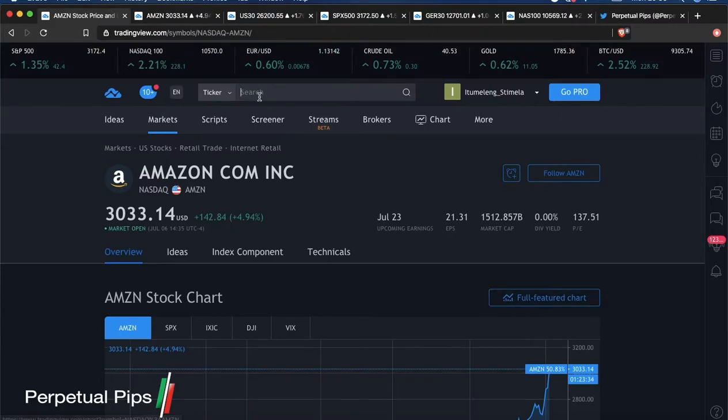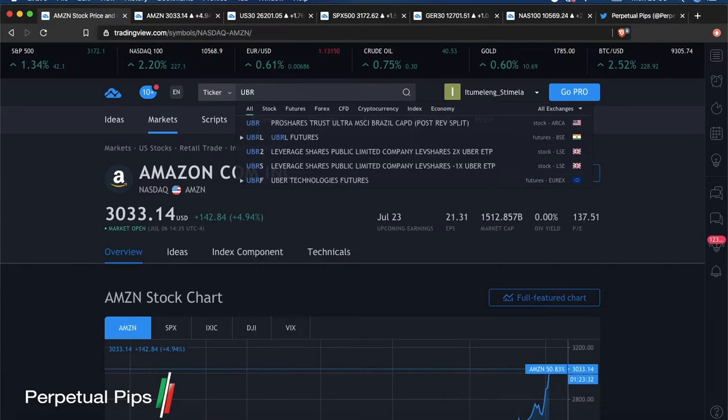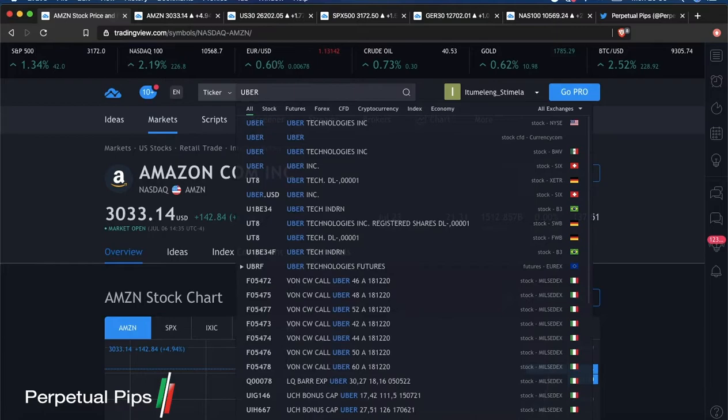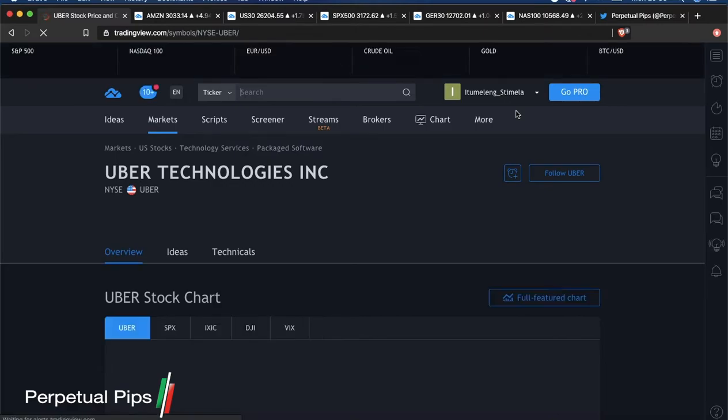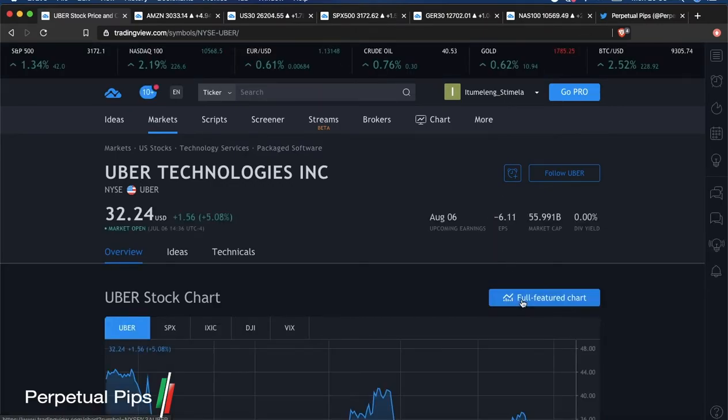Let's take a look at Uber. Let's take a look at what Uber's doing. I wonder if it's Uber Technologies Inc. Let's see here. Uber Technologies Inc. I wonder if that's it.